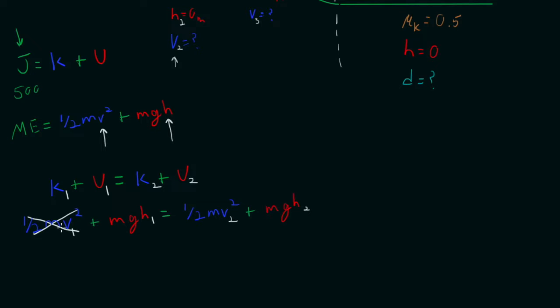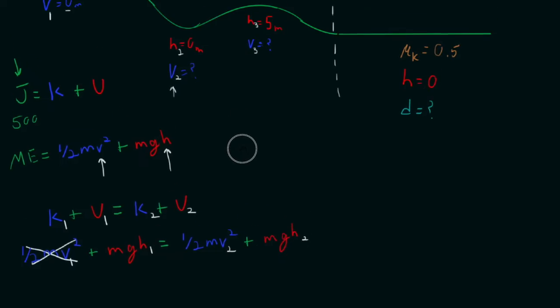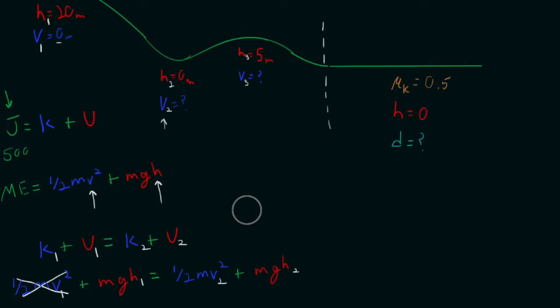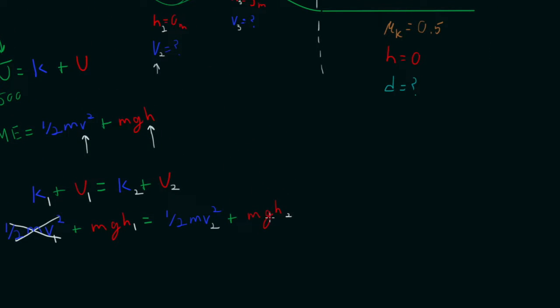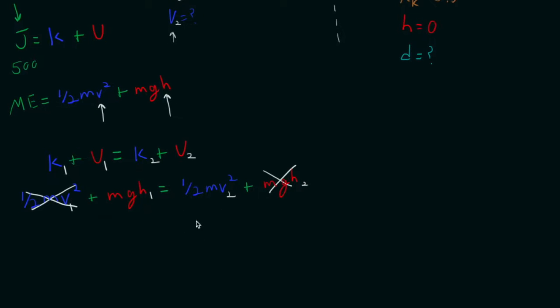So this whole term becomes 0. And then at point 2, what's my height? My height is 0. And so 0 times 9.8 is 0, times m is 0. So this term cancels out as well. And all I'm left with is the potential energy at point 1 will equal my kinetic energy at point 2.